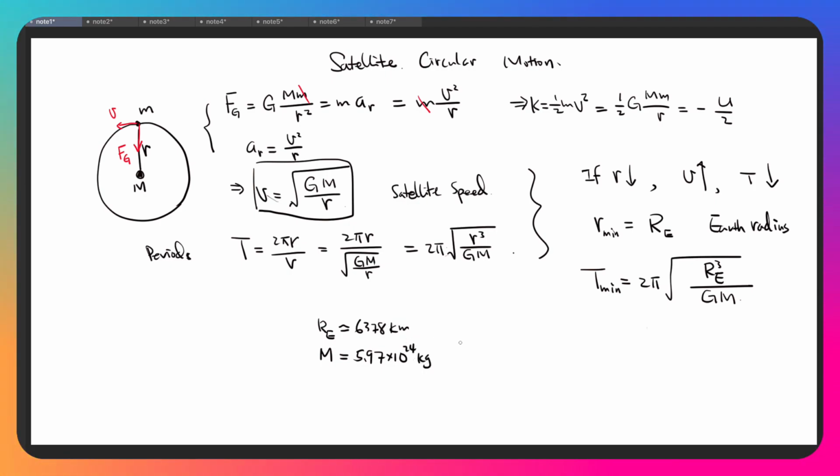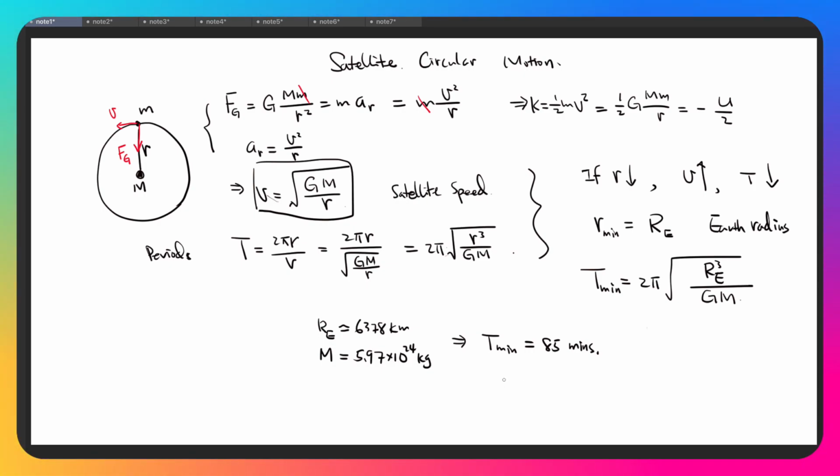Now if I plug in all these numbers, I should be able to calculate T minimum, okay? And it turns out to be approximately 85 minutes. Okay, so that's like the minimum period one could have for a satellite.